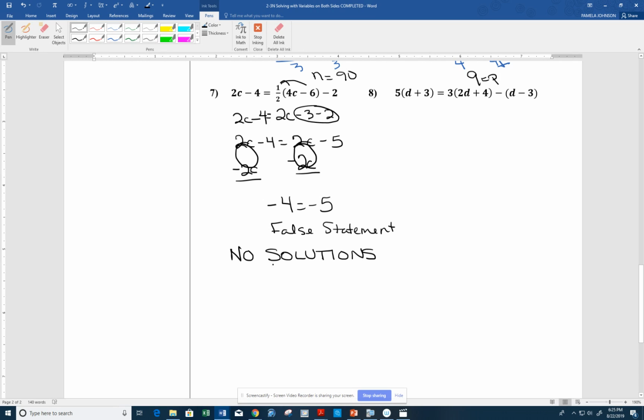Now, we can either write out no solutions, or we can write out the symbol for it, which is this circle with a line through it called the null set.